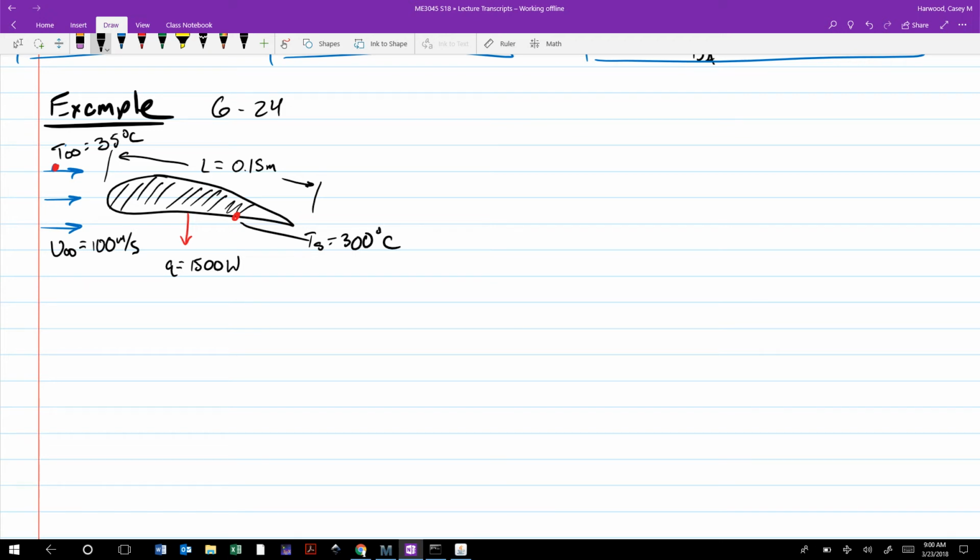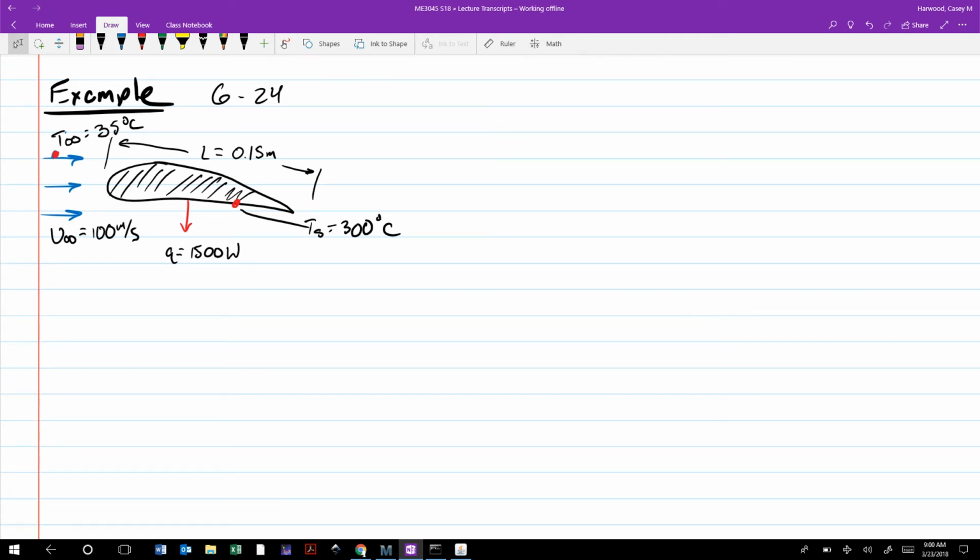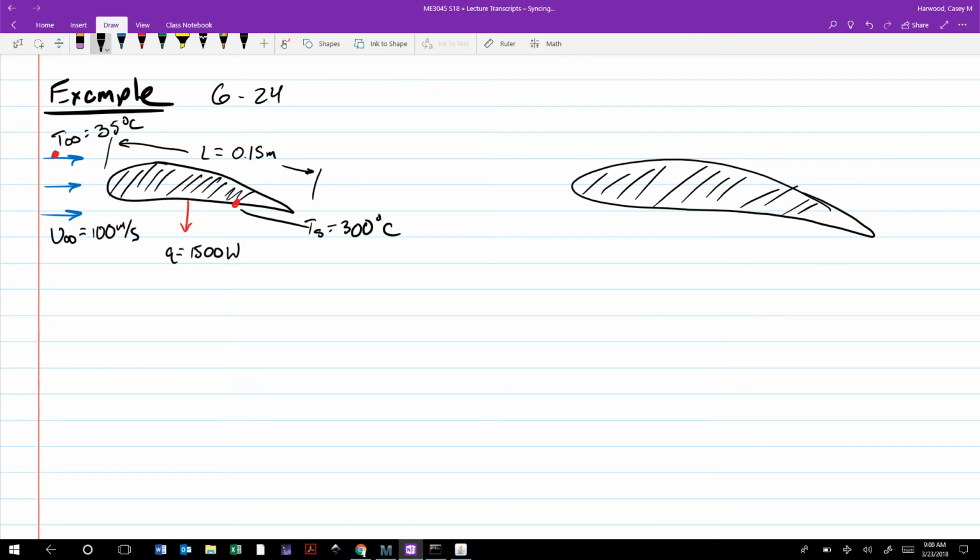All right. Now let's say that a company that's building these things decides, I want to design a turbine blade for a slightly different application. Pretend that these are the same shape. I'm going to scale this turbine blade up. It's going to have an identical shape, but this one is going to have a length of 0.3 meters.